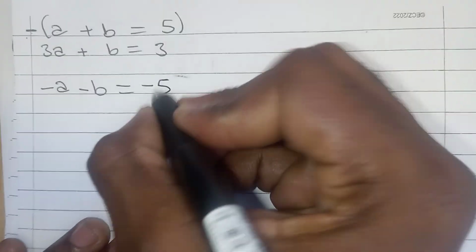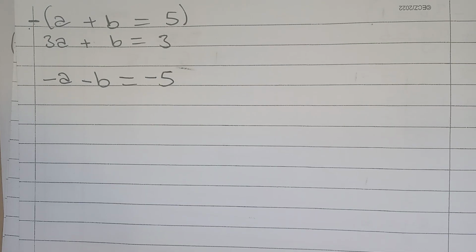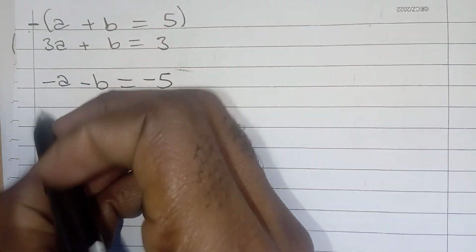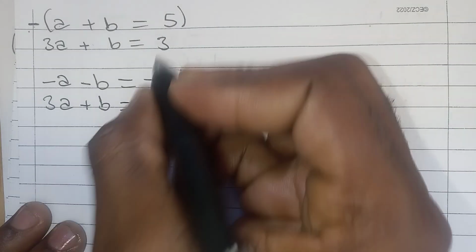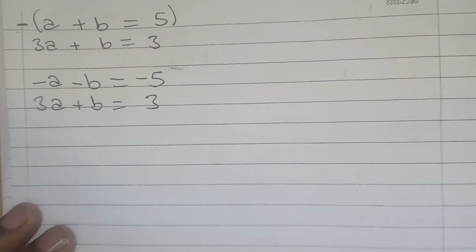So negative times positive, this will be negative a. Negative times positive, this will be negative b. Negative times positive, this will be negative 5. And then you have 3a plus b, which is equated to 3.